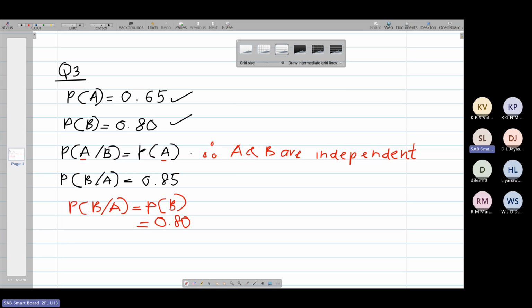But the given value for B given A is 0.85. These two values should be equal, which means this is not a correct assignment. In the one point they assume A and B are independent, and in the next point they assume A and B are dependent. So this is not the correct assignment. That is the way we can justify the answer. Okay?